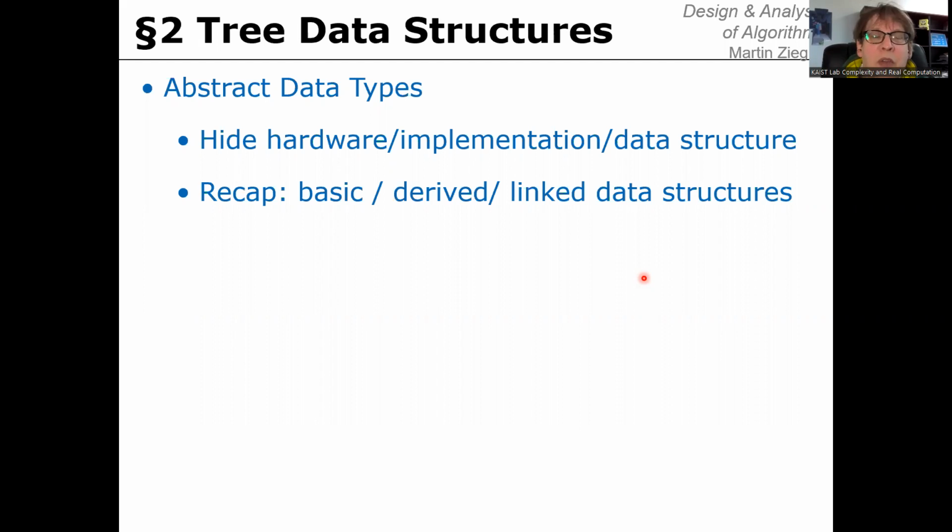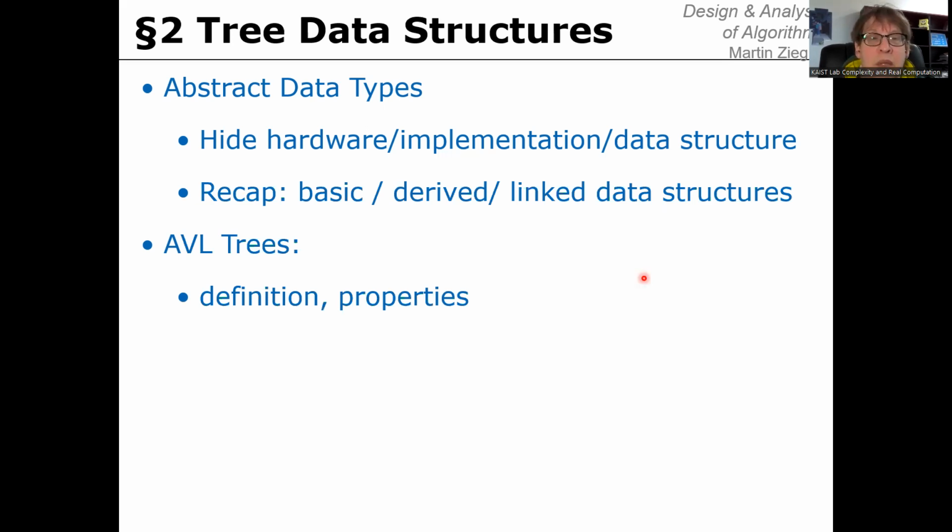Then we will briefly recall basic data structures and derived data structures, with a focus on linked data structures, because that will lead us to tree data structures. We'll recall AVL trees, their definition, and their quantitative properties, which will be the key to our analysis of algorithms that use AVL trees and algorithms that implement AVL trees.